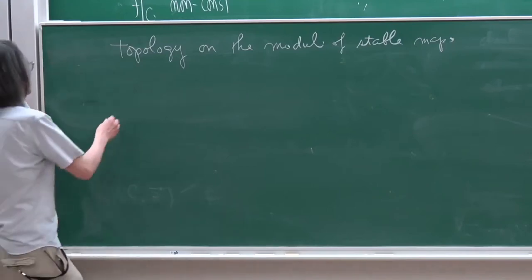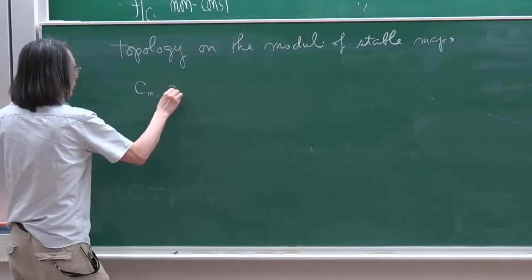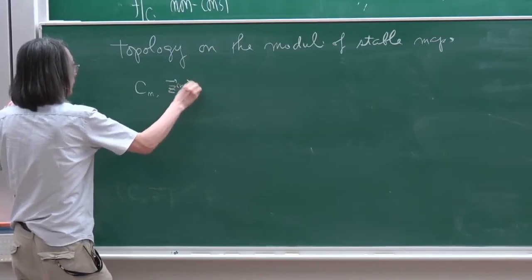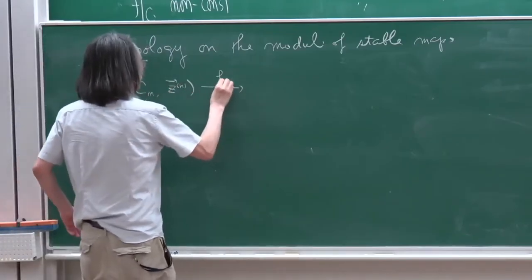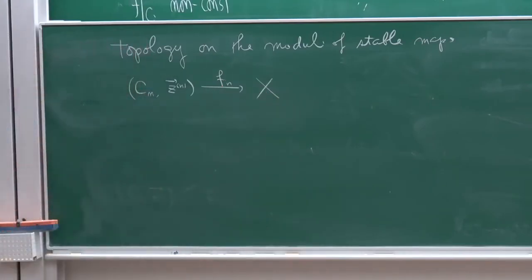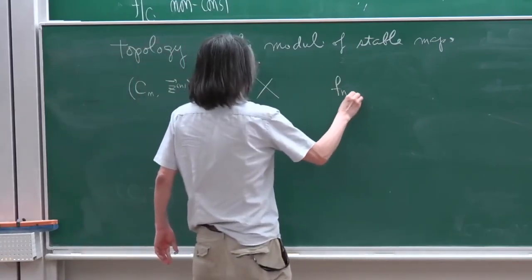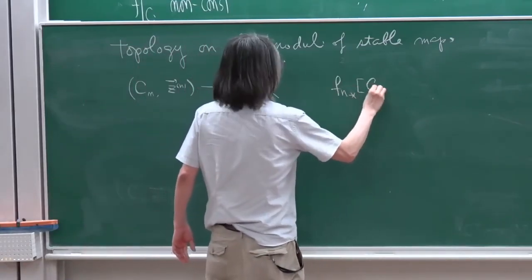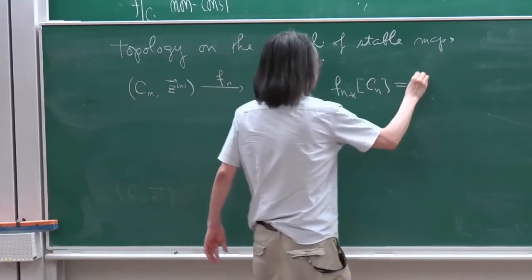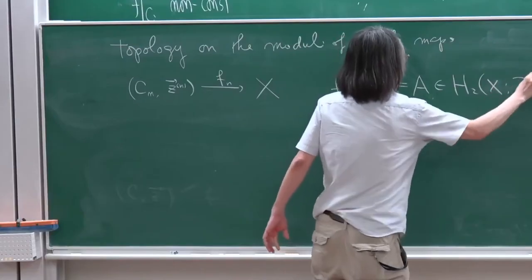So let's suppose that I have a sequence of stable maps, and also I assume that this thing is fixed. This one is fixed.